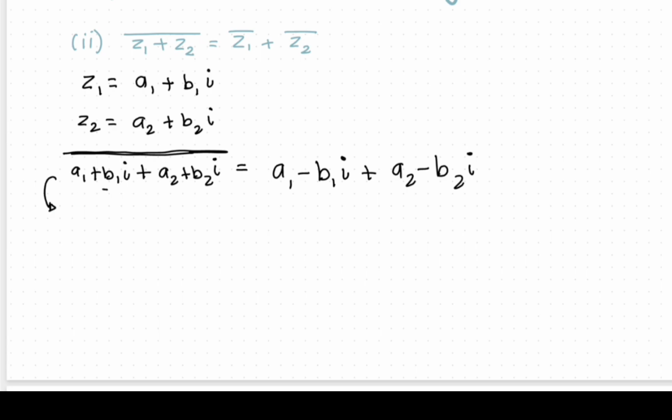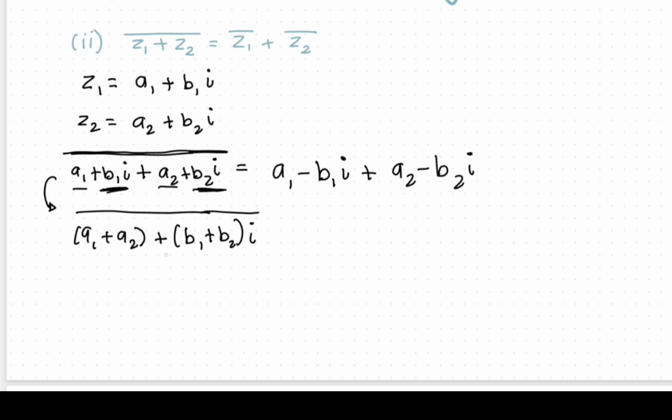Let's group these I's together. That would be A1 plus A2 plus B1 plus B2 times I. Basically I just took the I out of these two terms and left the other two terms untouched. If we prove that this is equal to this, then we prove that the conjugate of the sum is equal to the sum of the conjugates. That's what I'm trying to do.